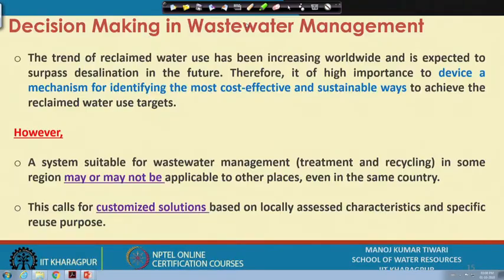The other important aspect is that these decisions are always very local decisions, they are not global. A system suitable for wastewater management in some region may or may not be applicable to other places. We cannot outrightly say that something that has worked in Singapore is going to work in India, or something which has worked in Australia is going to work in India or Bangladesh, or something which has worked nicely in India will work in the US or UK.